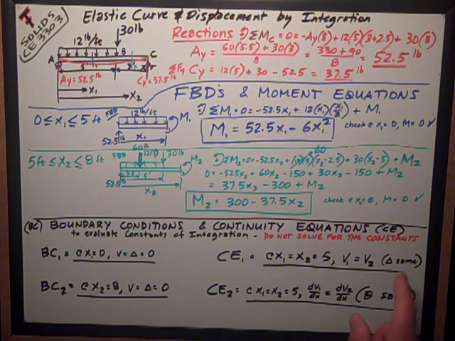In other words, my deflection or my delta is the same at 5 feet. Similarly, at the same point, x equals 5, my slope has got to be the same. So I've written it this way. It just means my slope is the same from both equations.